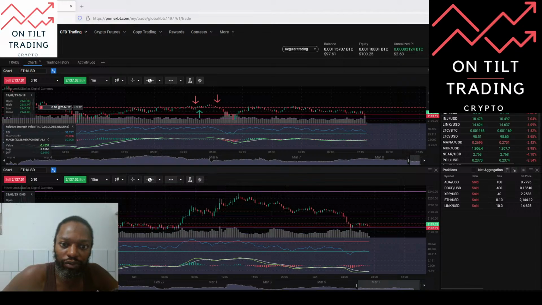Pullback is pretty aggressive. And as I mentioned, it seems to be more buying pressure here in Ethereum. But we'll break down what we're seeing here. So we have S4, price action moving below S4. That's a signal for short. Right now we're in pullback, and we're selling off from pullback, potentially selling off back below S4.